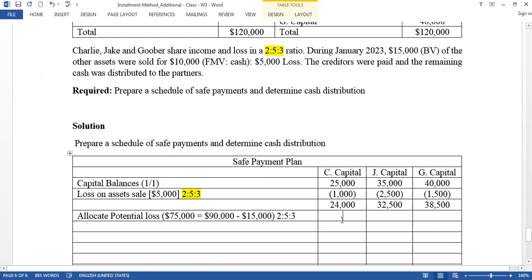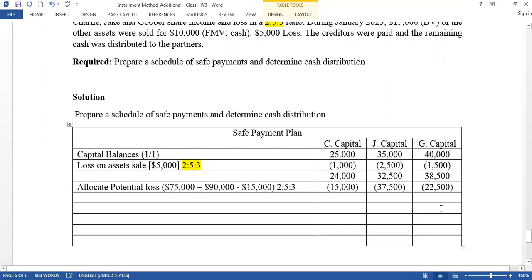This loss is going to be absorbed in the ratio 2, 5, 3: $15,000, $37,500, and $22,500.